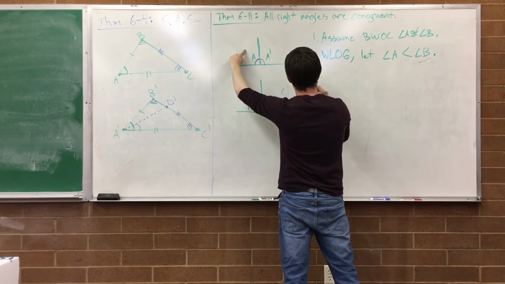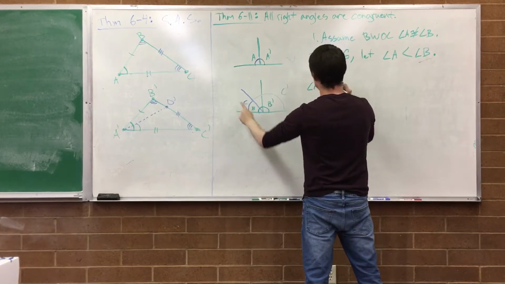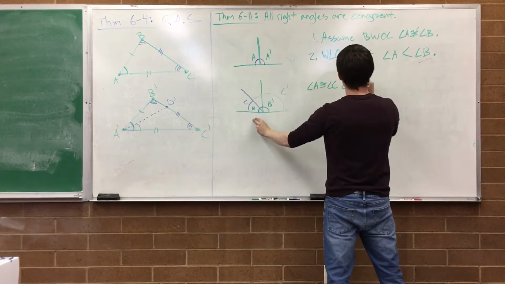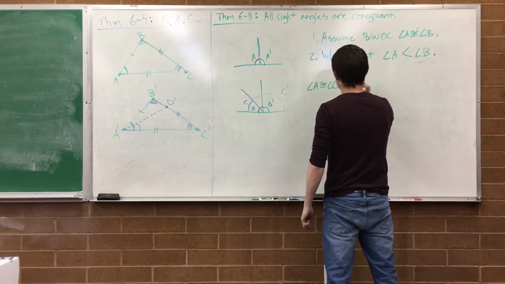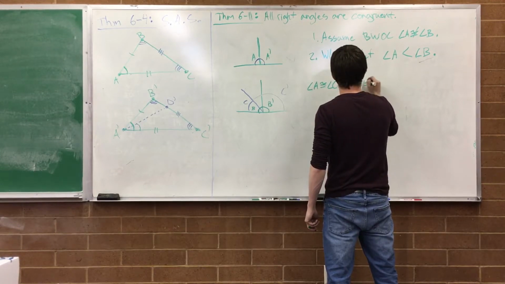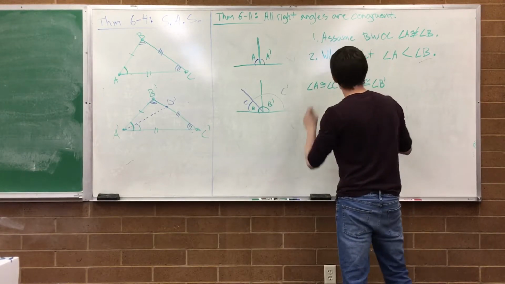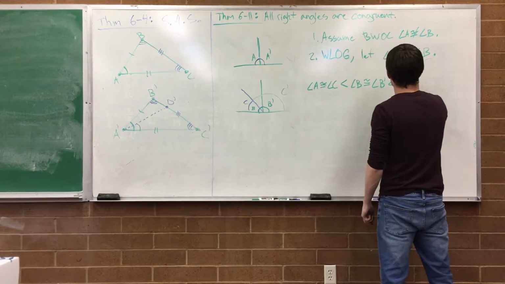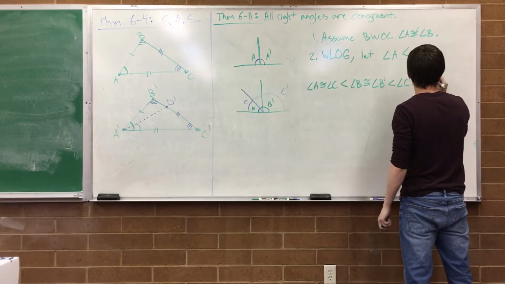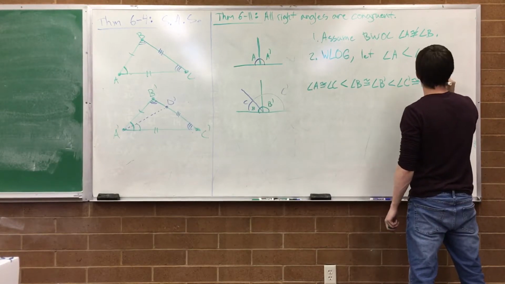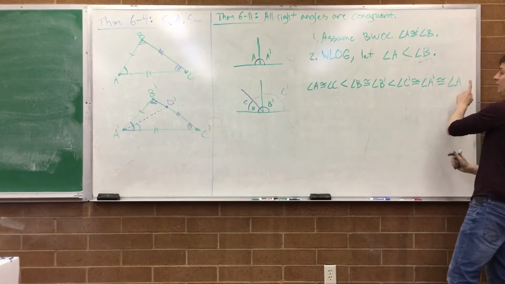Angle A is congruent to angle C, which is less than angle B, which is congruent to angle B prime, which is less than angle C prime, which is congruent to A prime, which is congruent to angle A. And there we go. We got angle A is less than angle A.